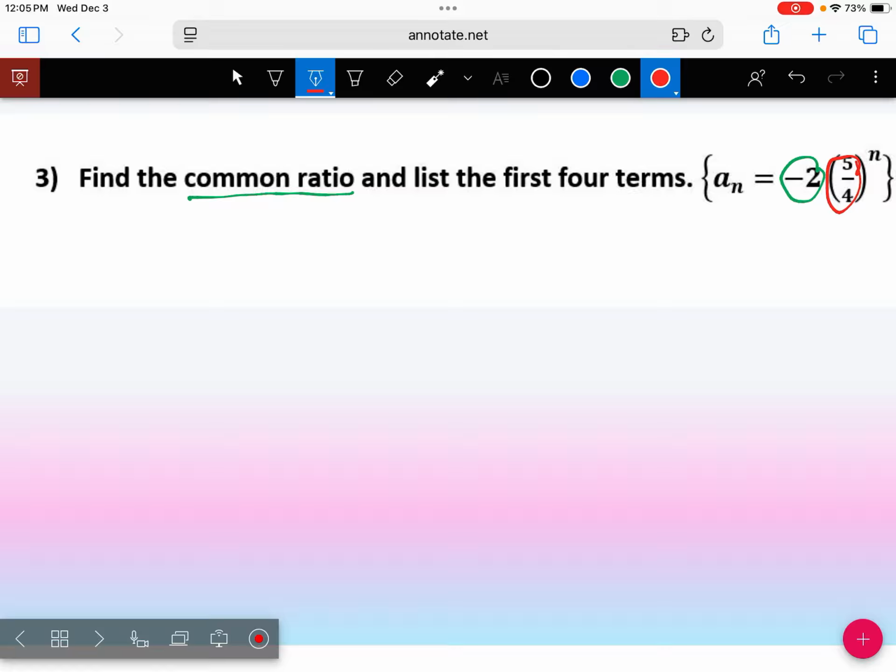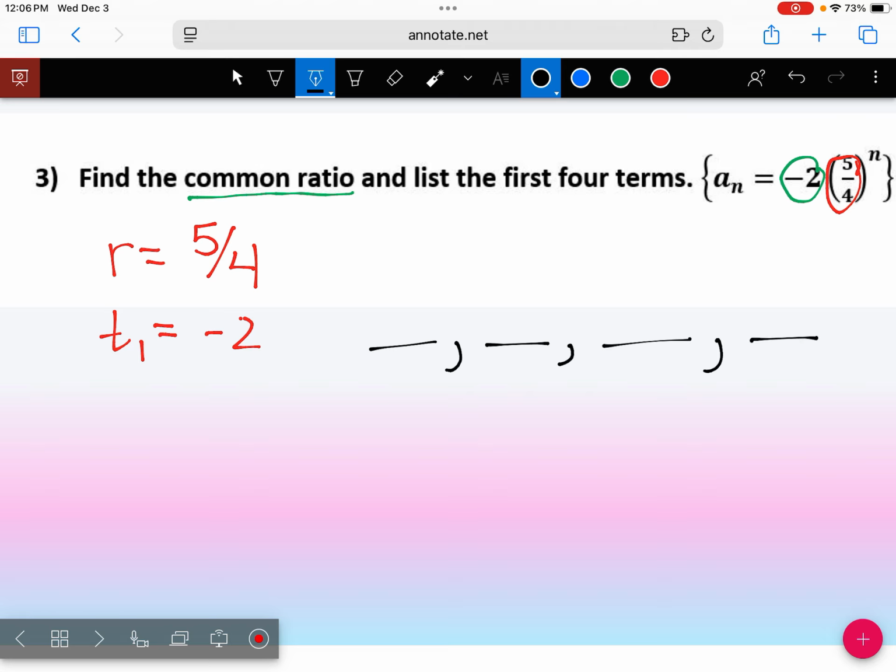It's always the base of the exponent. Yes, it is. So my common ratio is positive 5/4. My T1 is -2. So let's go ahead and list our 4 terms.